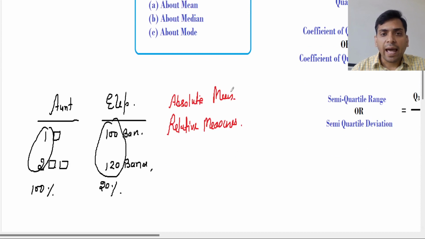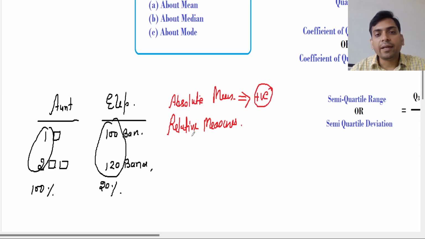Absolute measure means the difference may be in positive terms and negative terms, but always we will say positive values, absolute values. And relative measures are coefficients, and always these quantities are unitless quantities.